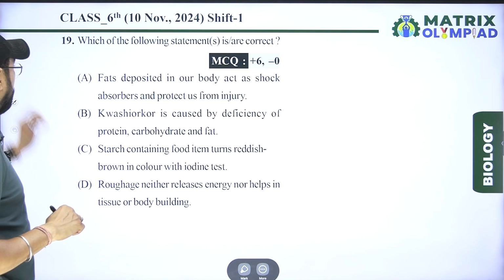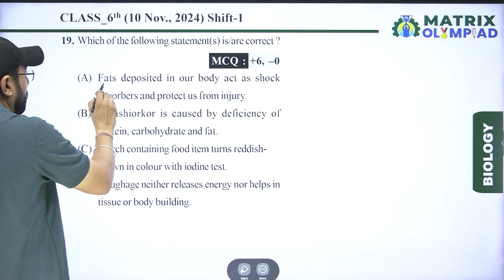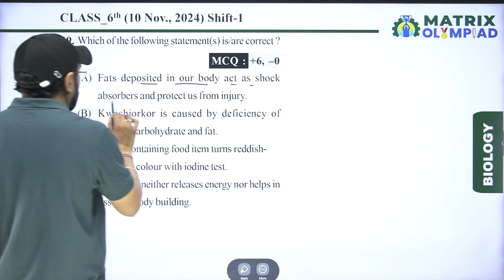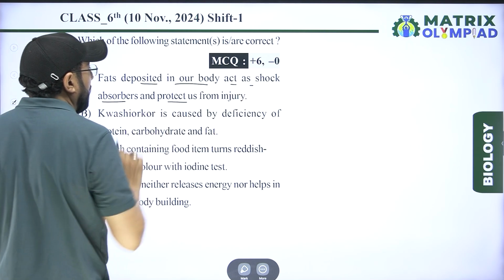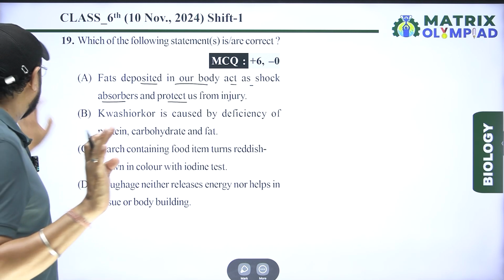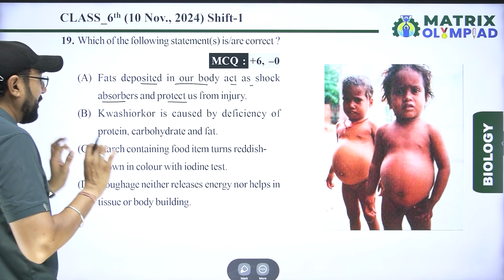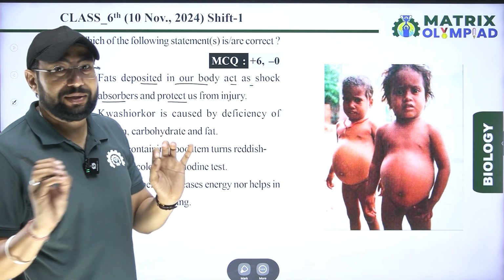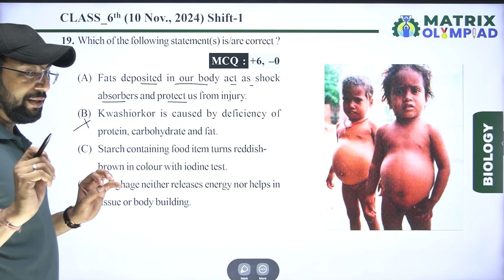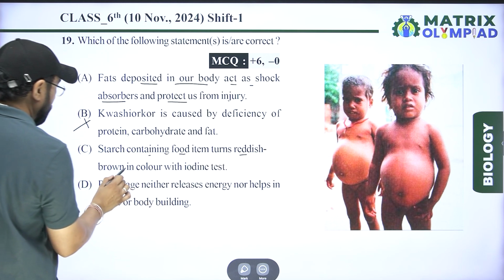Next, which of the following statements are correct? Fat deposited in our body acts as shock absorber and protects us from injury. Kwashiorkor is caused by deficiency of protein, carbohydrate and fat. That is wrong. Next, starch containing food items turn reddish.